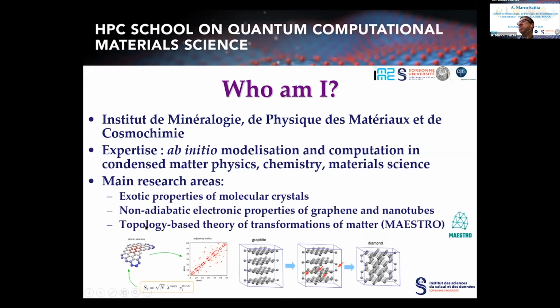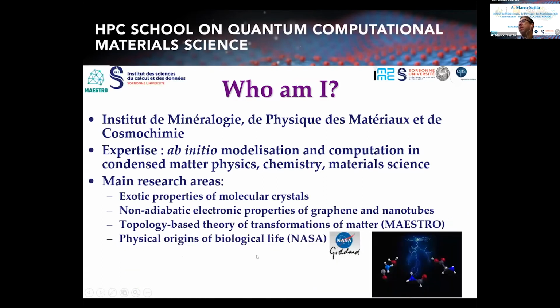And basically it is to use topology and topology-based concepts to study general transformations in matter, such as this simple phase transition indicated here. The beauty of our methods is that they apply to many other things than physics or material science. For example, we have a collaboration in my group with NASA studying the physical origins of biological life. Even if I will not talk about that today, my friend Fabio Di Rucci will say something about that tomorrow.